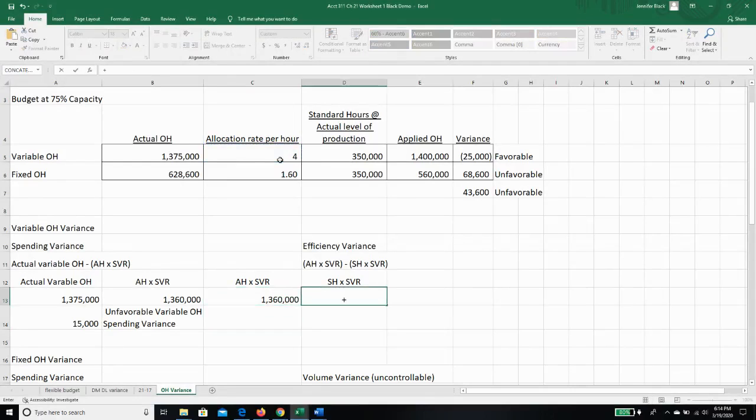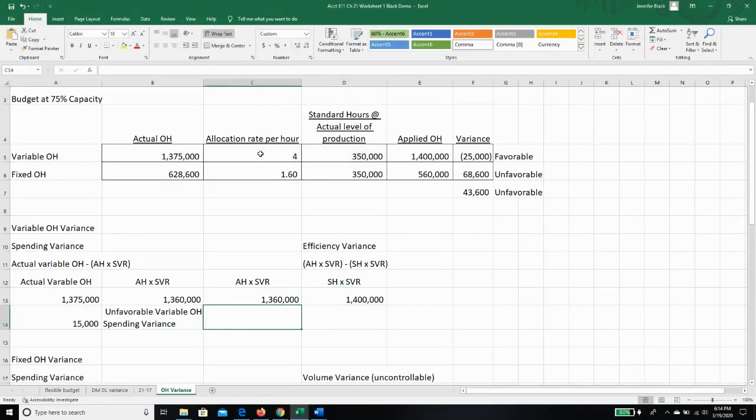If we had used our standard hours at 70% capacity, it would have been 350,000 hours, in fact, let me link that so when you go back and look at it, you know where I'm getting these numbers, times our standard rate of $4 an hour, which would have been 1.4 million.